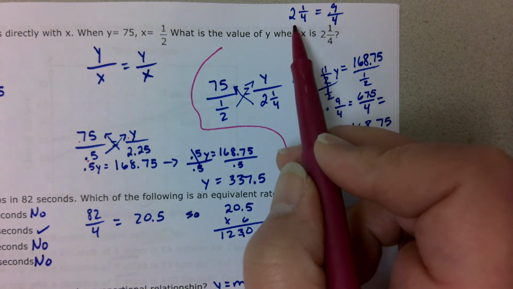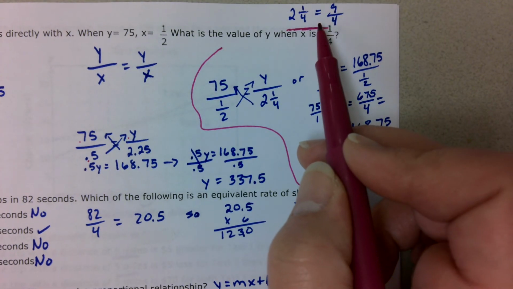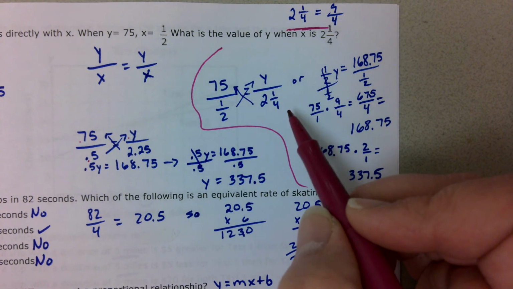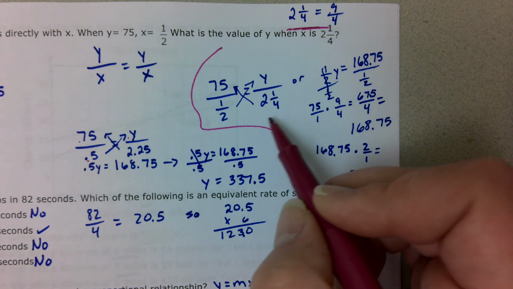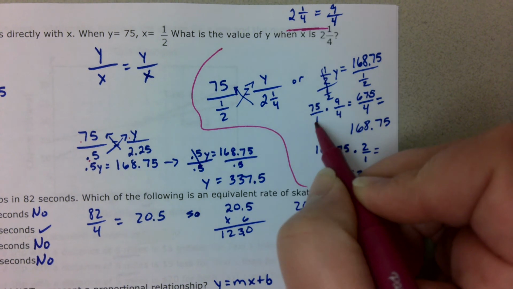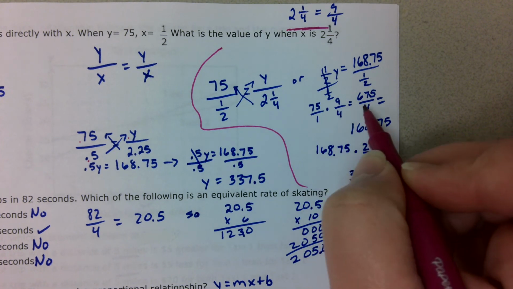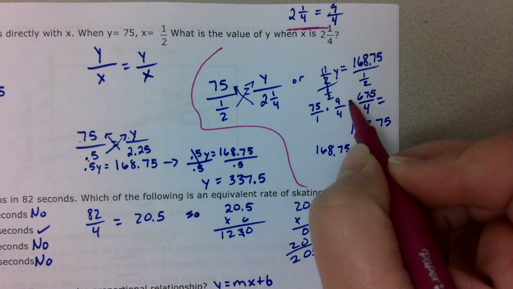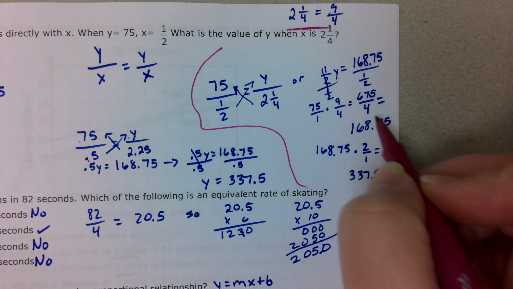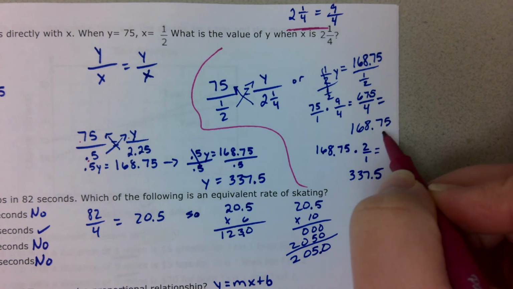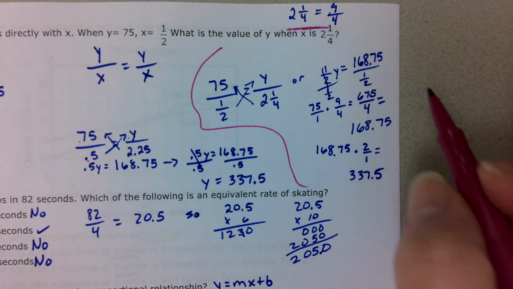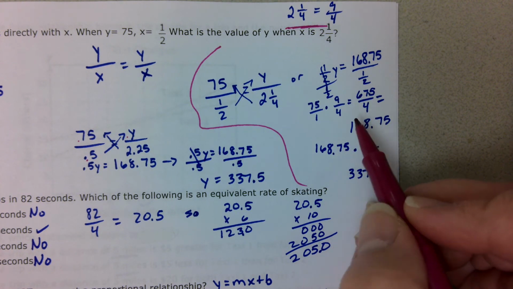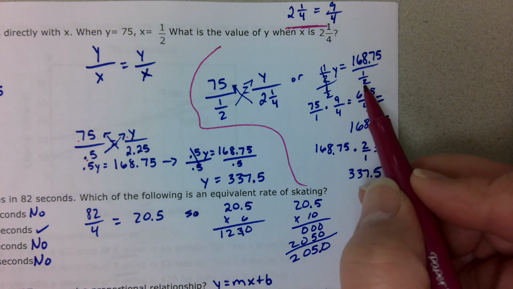In 2 1/4, I have converted this to an improper fraction because when we're multiplying, remember your fractions cannot be mixed numbers. So 75 times 9/4, and I multiply across, 675 over 4, and when I divide that out, I get 168.75. So then I have to divide by 1/2, right?